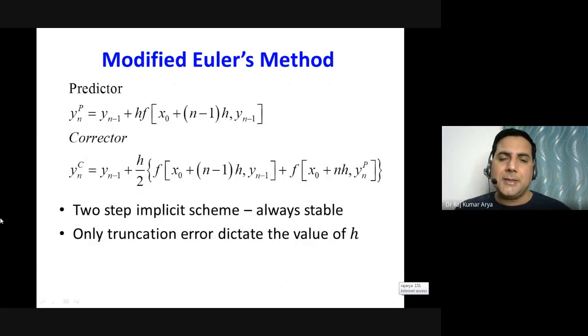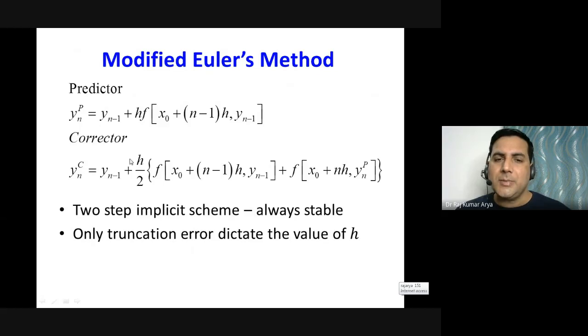Another method, slightly modified from the previous one, is the modified Euler's method. First it calculates this, which is from Euler's method that you calculated previously.